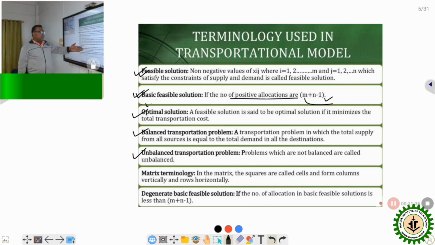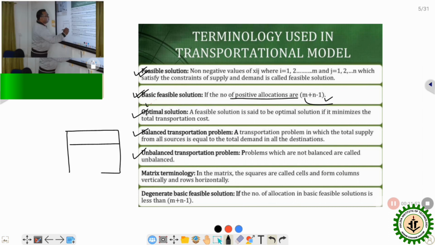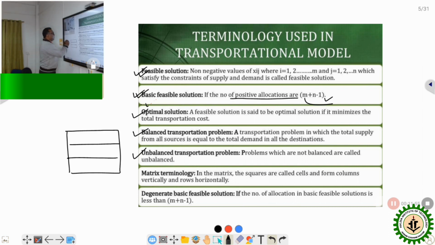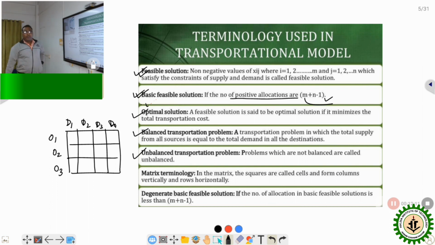Now the matrix terminology. There is a matrix representation, and in general in the matrix, rows represent the origins and columns represent the destinations. So this is our origin 1, origin 2, origin 3, and this is destination 1, destination 2, destination 3 and destination 4.